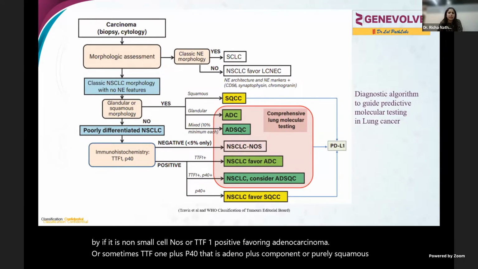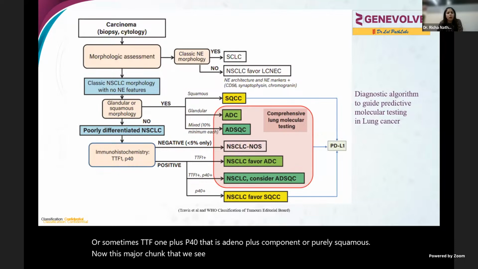Now, this major chunk that we see here, along with PDL1, is supposed to undergo comprehensive molecular testing.